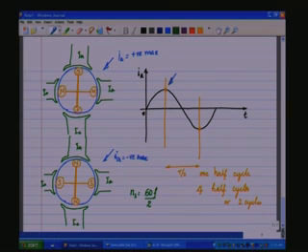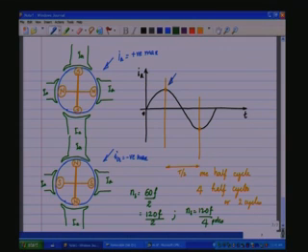Now if you want to express it in terms of number of poles rather than pole pairs, then you have to multiply this and this by 2, which means you are talking of 120 F by 2 poles in the earlier case, and then in the case of this 4 pole machine, you have Ns equal to 120 F by 4 poles per phase, and so on.